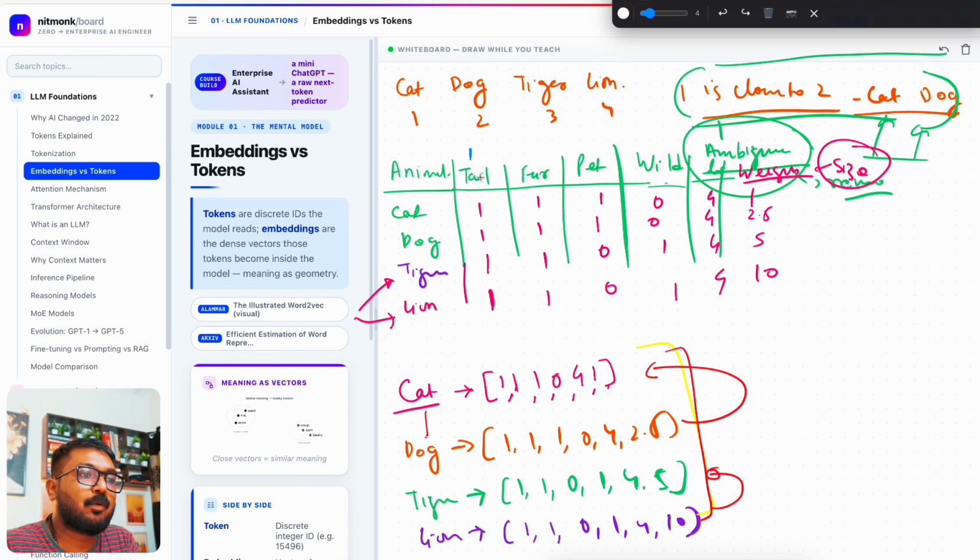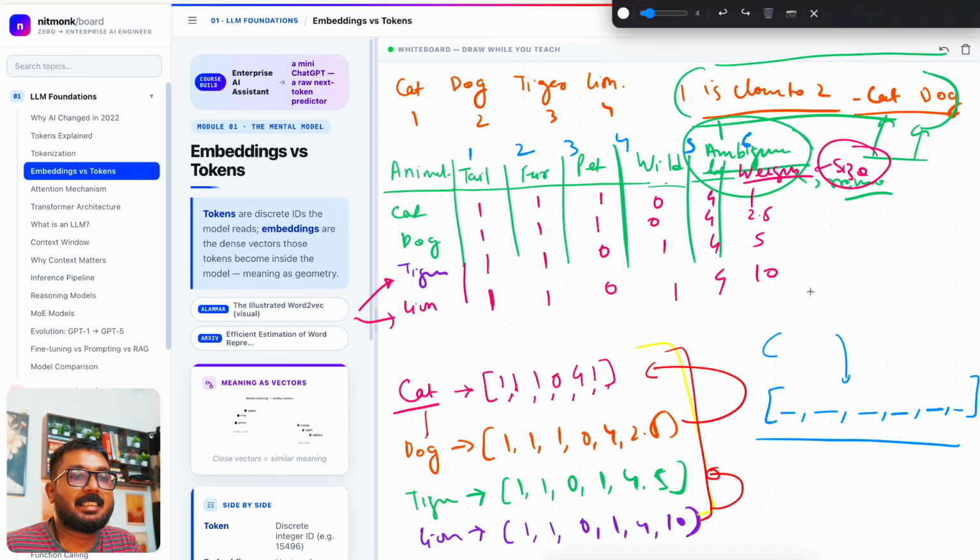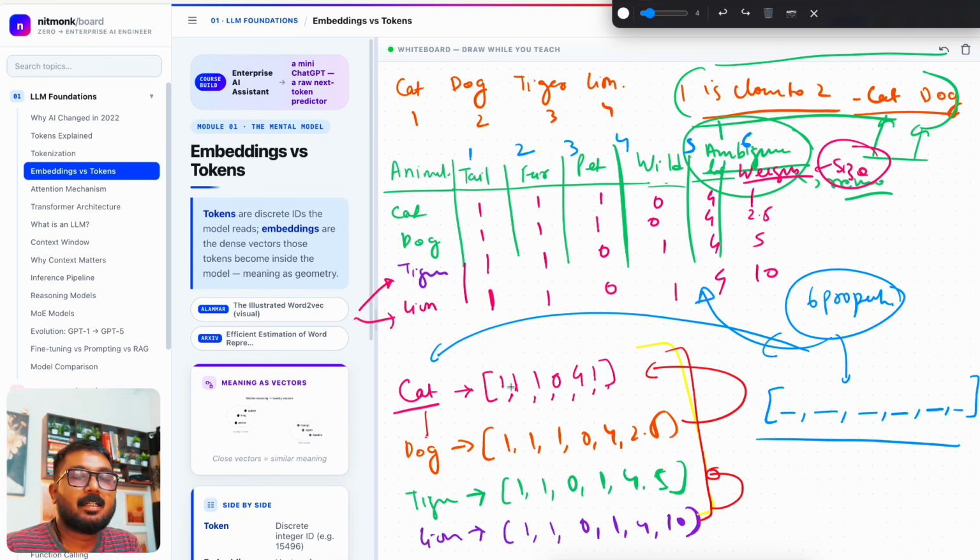One property here, two here, three here, four here, five here, and six. So basically there were six properties, right? And that represented these numbers, and those numbers represented these animals, correct?